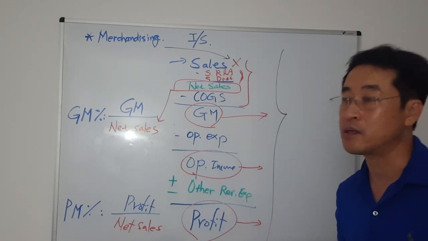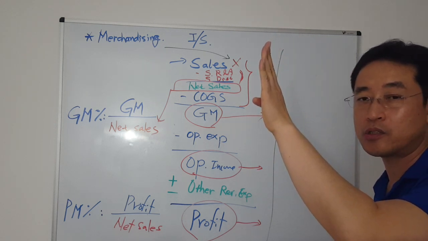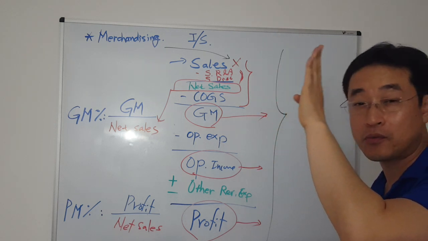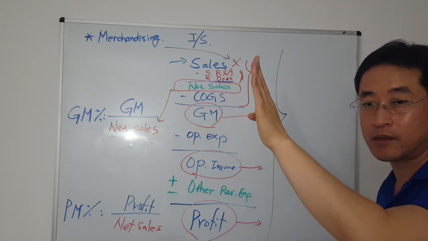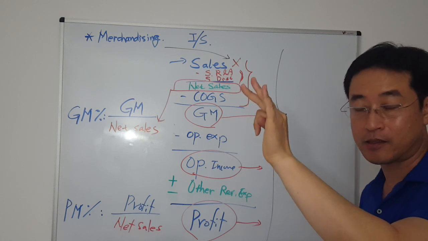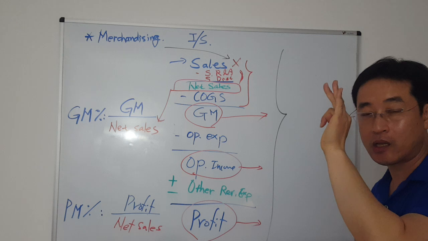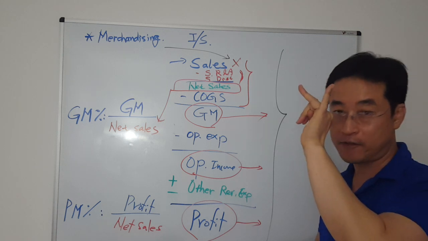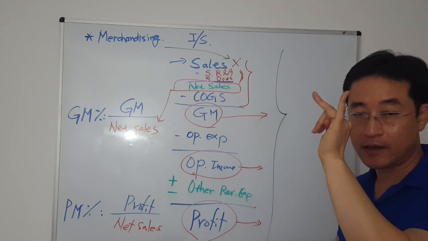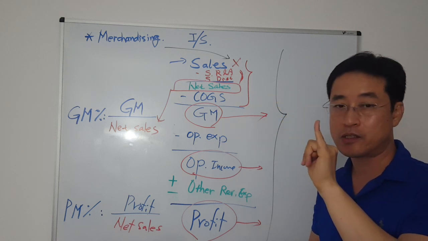So, closing. When we close, what's the first step you learned? Close revenue, the first. And then second step, close expenses. And then the third step, we close income summary, virtual account itself. And then last one, we close withdrawals.